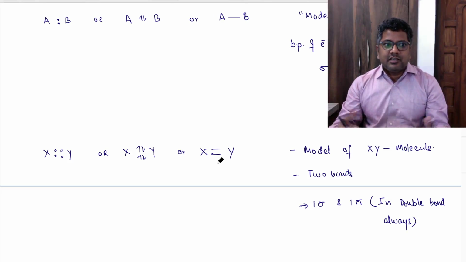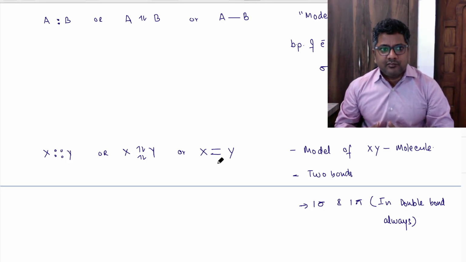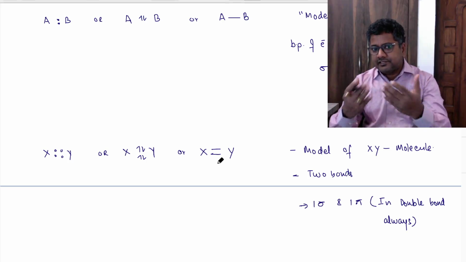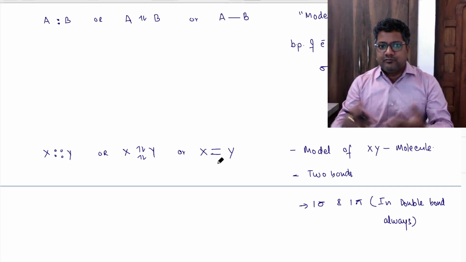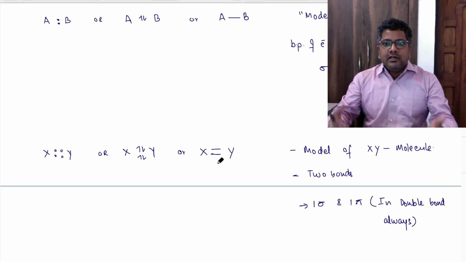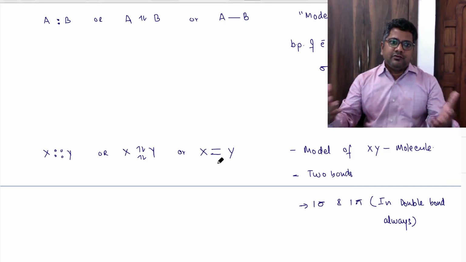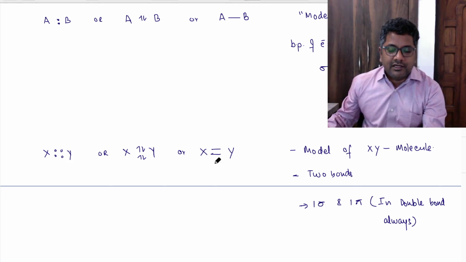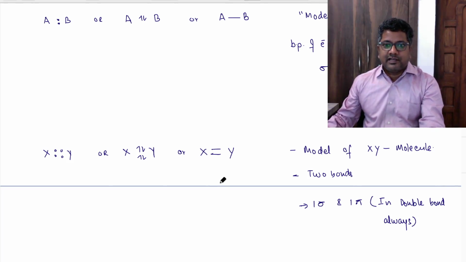Otherwise, the Lewis model is sufficient to explain the property of molecules. But since in a double bond both bonds are not equivalent, how can you explain this? Obviously, you can explain this with the help of orbital consideration and other advanced parameters.